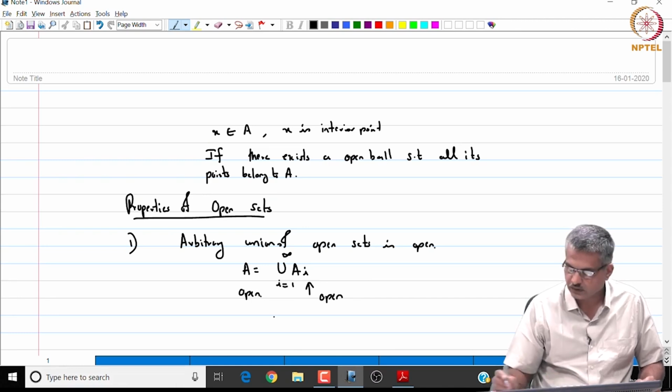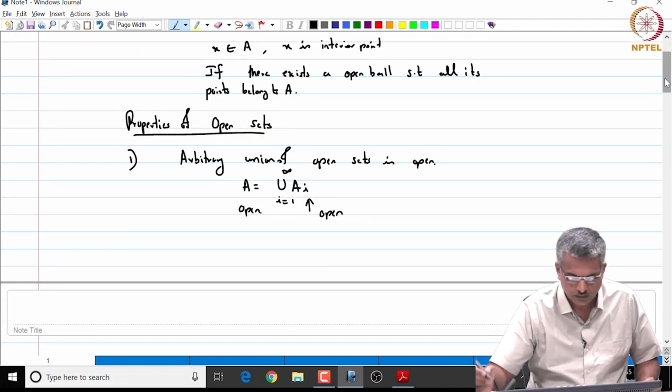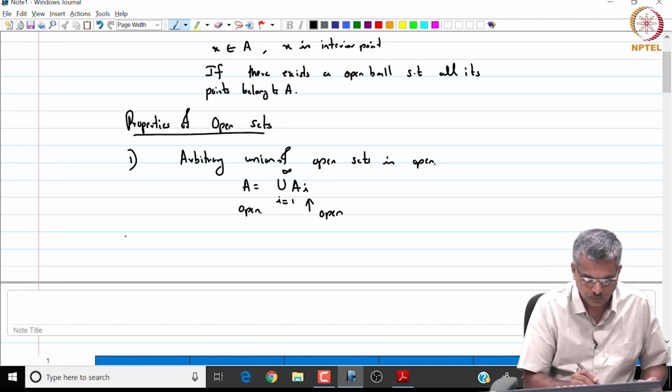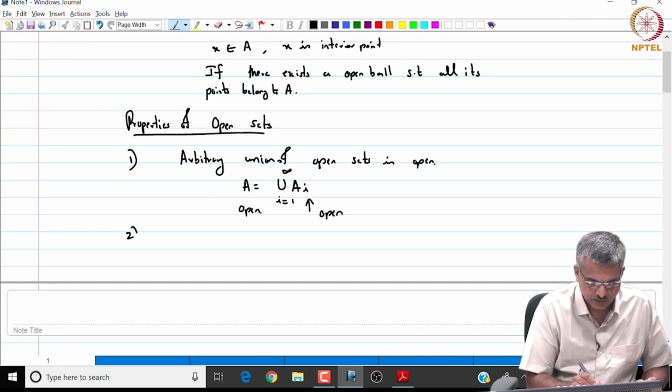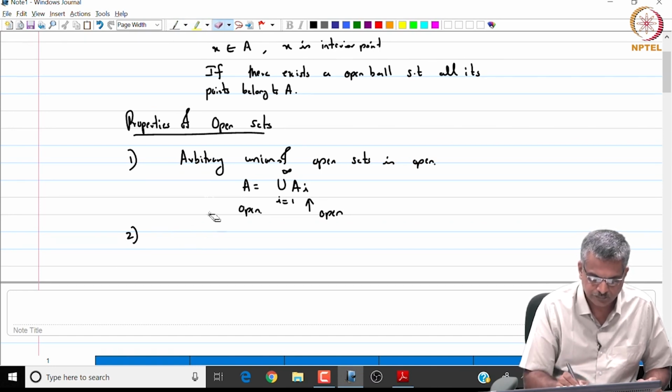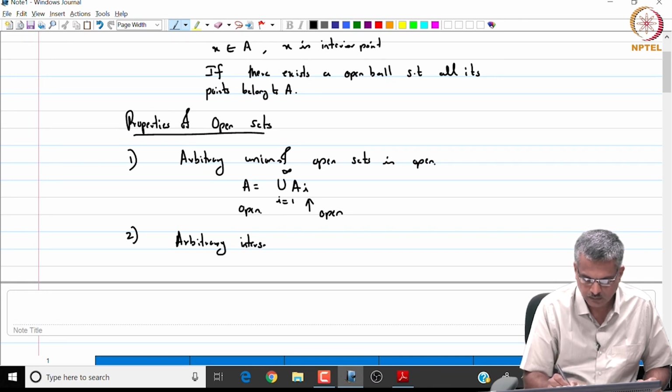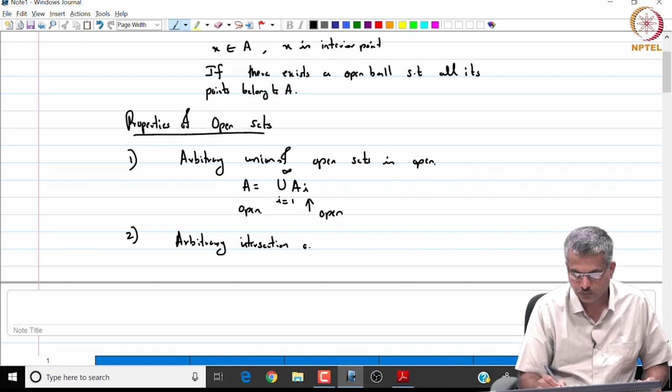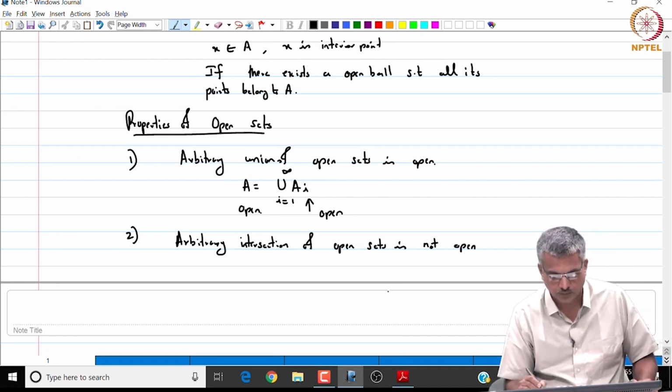We will not prove this; it is a property, and one can prove it. But what is important is that you can show that an arbitrary intersection of open sets is not necessarily open.